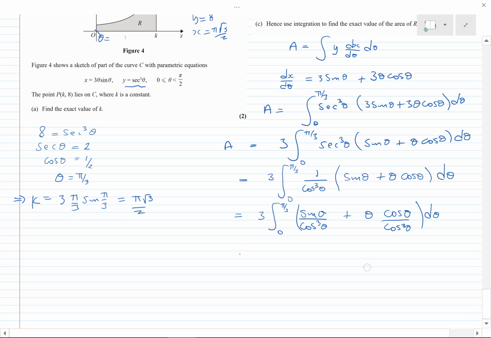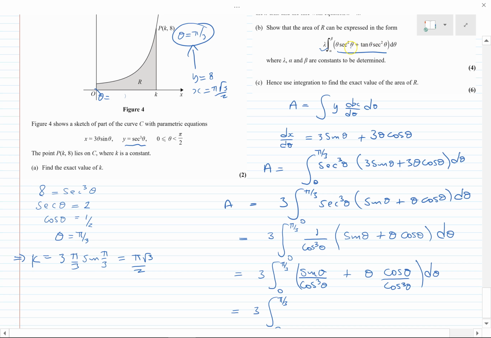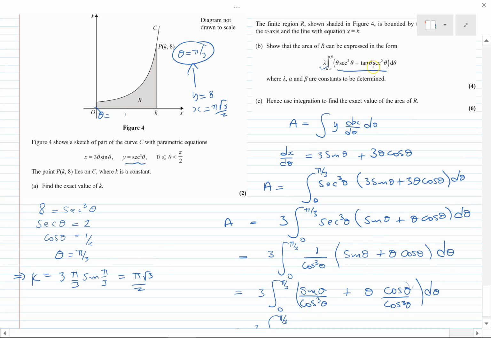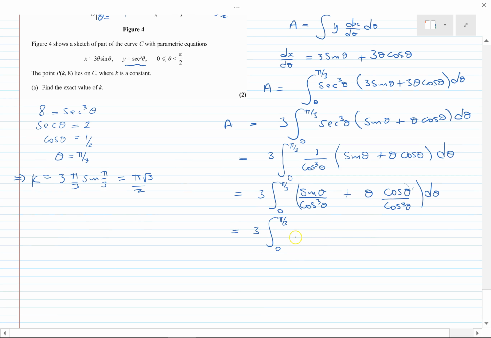Taking it quite slowly really, but we need to see how this works. And then that's pi over 3 to 0. Now separating this out, having half an eye on what I need, a sec squared theta. Well, I can see that coming here, easy enough. This one's a little bit less obvious, but if we're looking at tan theta and sec squared theta, well, if we separate that as sine theta over cos theta and 1 over cos squared theta, and here obviously we can cancel the cos theta, so we get 1 over cos squared theta d theta.